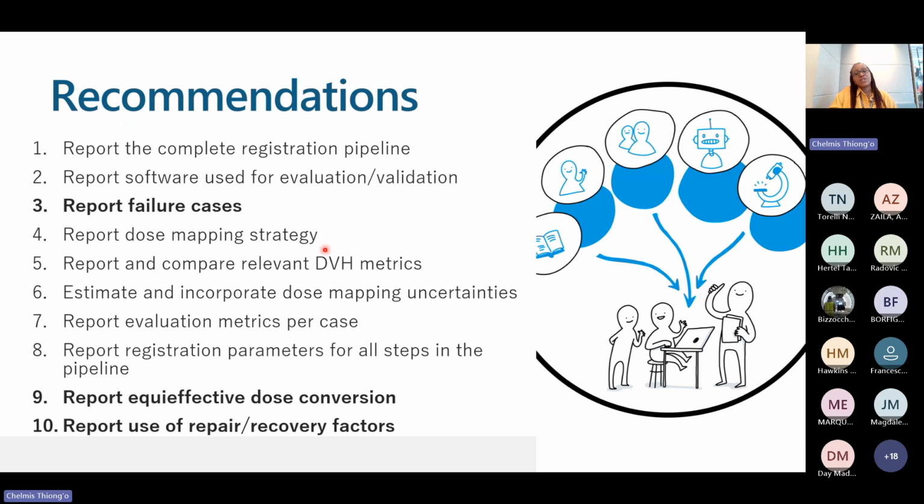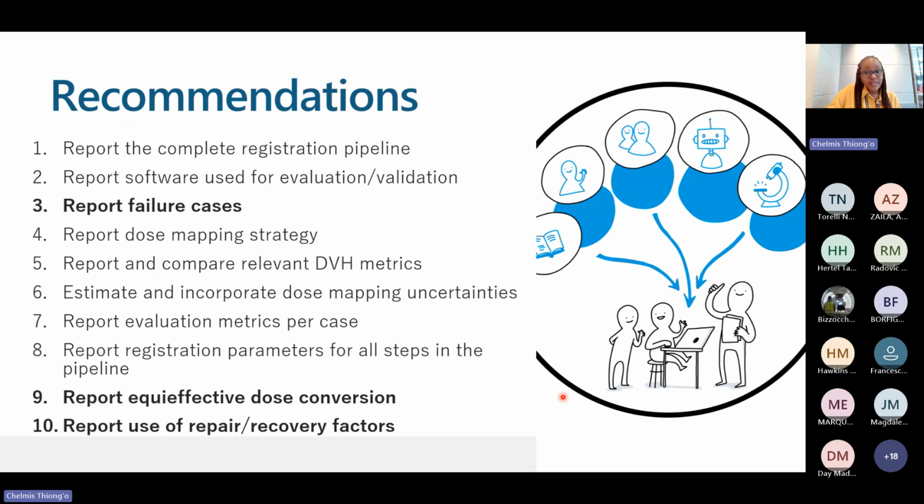All 10 recommendations we came up with passed the 75% threshold in the research and development context, which reflects a strong consensus that transparent reporting of the registration pipeline, the dose conversion methods, the uncertainty estimation, and failure cases, among others, is essential for scientific rigor and reproducibility.